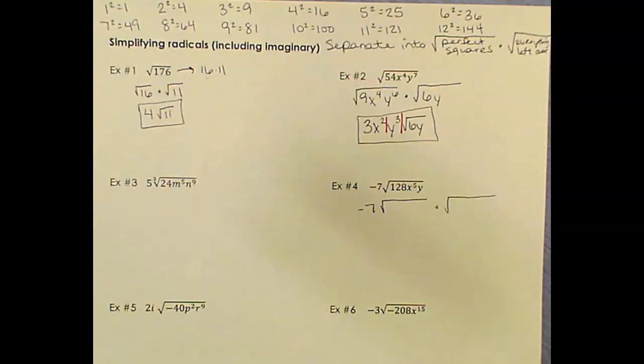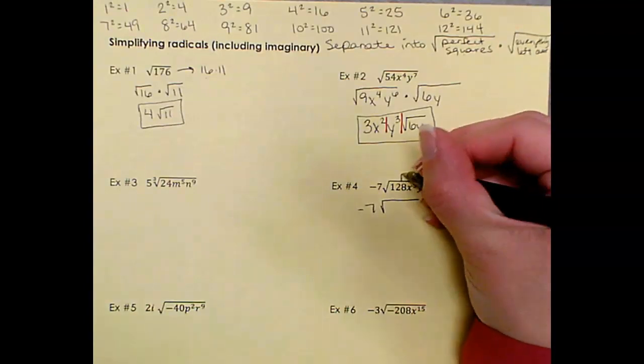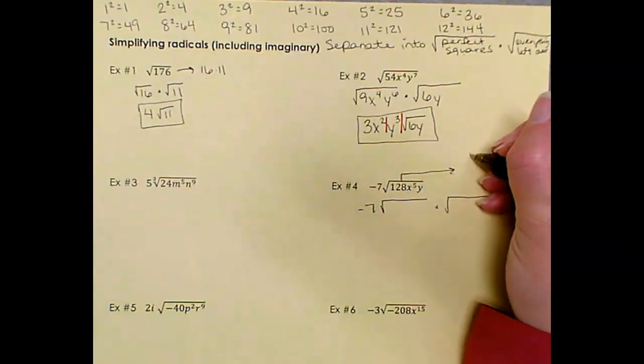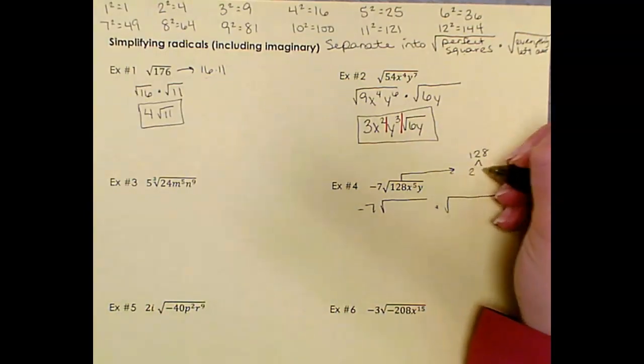So one of the things that you might see as a consequence of trying to split these up into perfect squares and leftover stuff is that maybe you don't know all the factors of your radicands, of the coefficients. So maybe you need to take some time to do a little factor tree of 128. So 128 is divisible by 2.